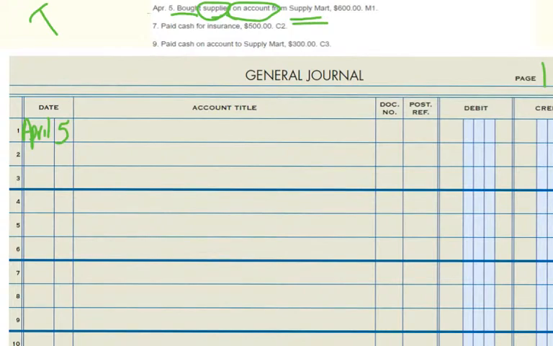So, if you use this technique of underlining and circling, it will help you. You bought supplies on account from Supply Mart. So, what accounts are affected? Supplies and your accounts payable, yes? So, what's coming into the business? Yes, supplies.